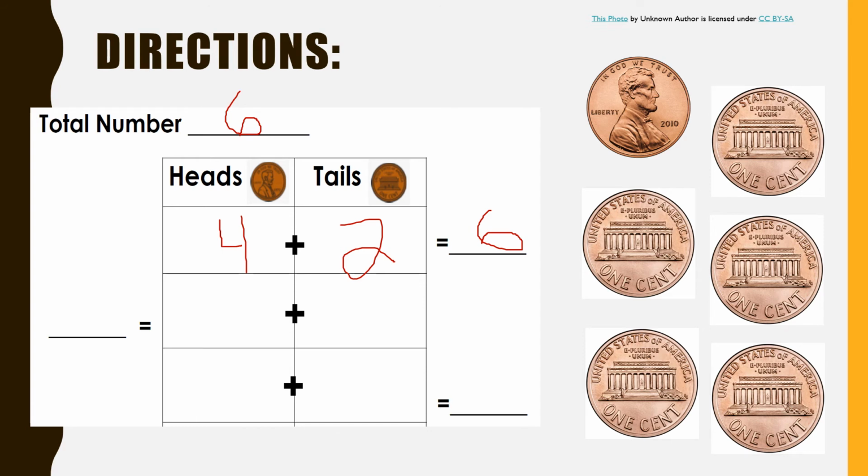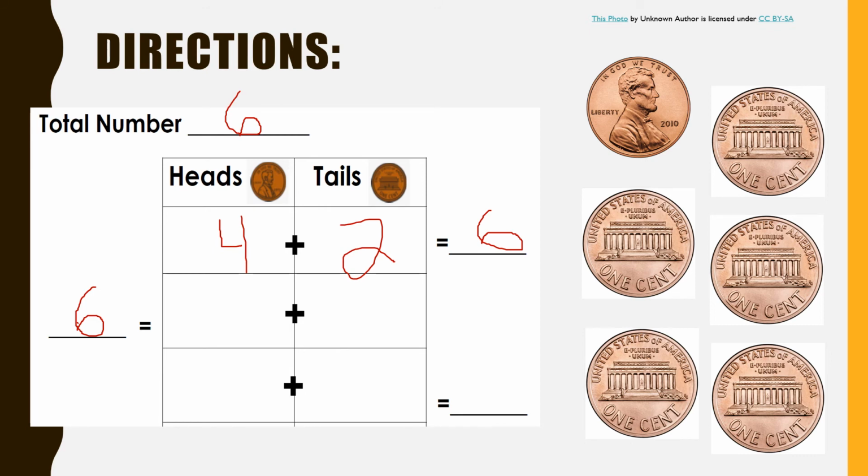It looks a little bit different from our first line, and I think you can see that the difference is that the equal sign comes first. So that means that we're not doing anything different. We're just looking at the total number first before looking at our number sentence. So if we have a total number of 6, we already know that we can put that first. So 6 is equal to the number of heads plus the number of tails.